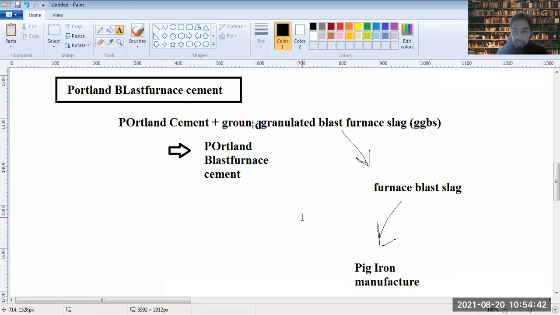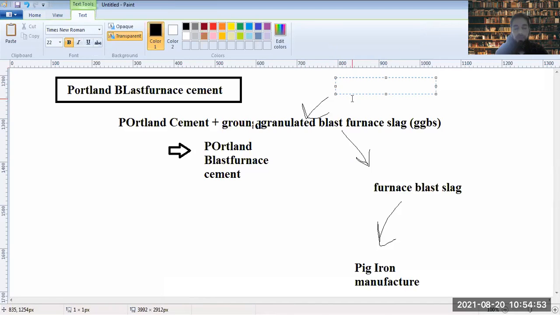So it is actually a mixture of lime, silica, and alumina. This GGBS is a mixture of lime, alumina, and silica. So it has got the same composition as that of a cement, OPC.